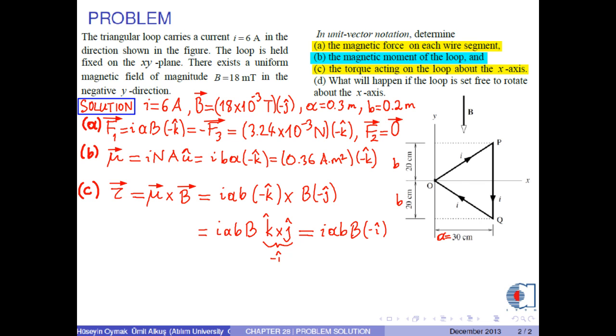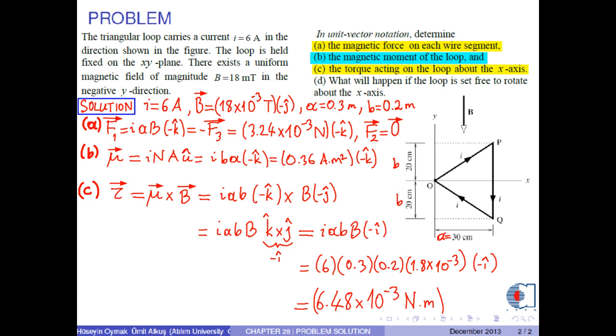Now we can insert the numerical values into this equation to obtain 6.48 times 10 to the negative 3 newton meters negative i hat.